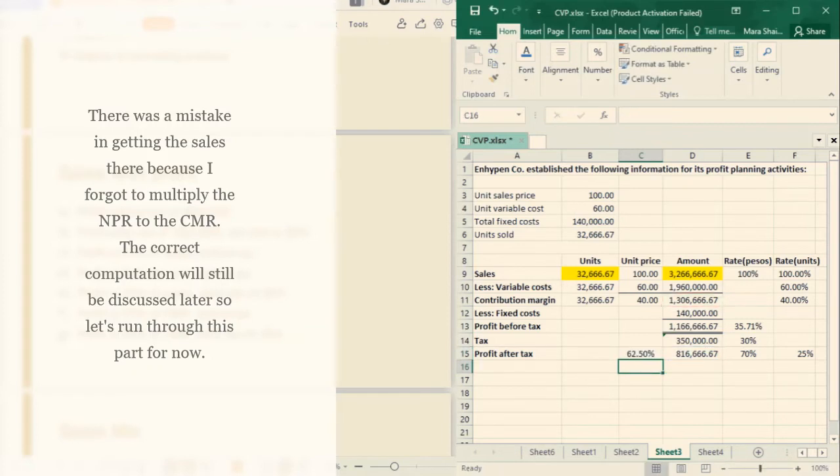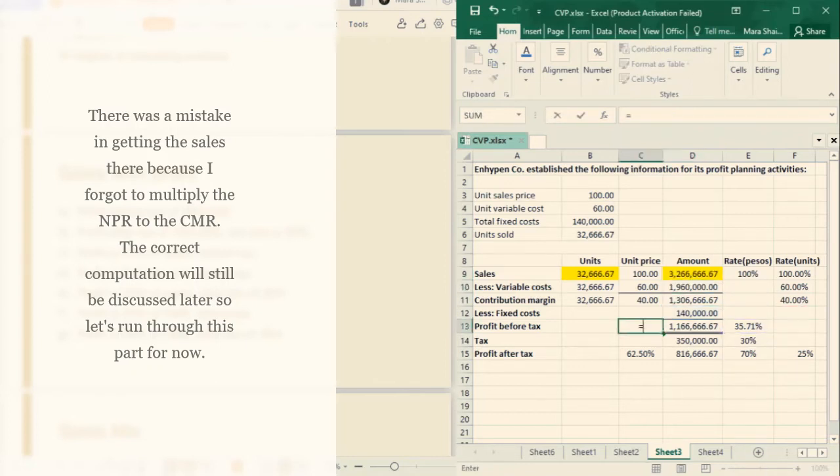No, it's not. Something is wrong. Let's check our formula: your fixed cost divided by your 40% minus 37. Something is wrong.